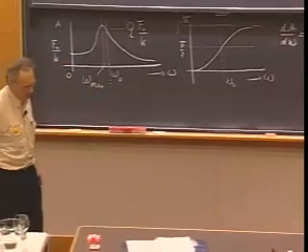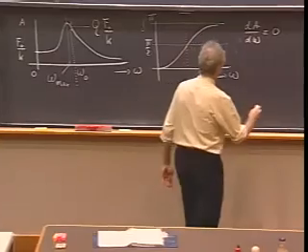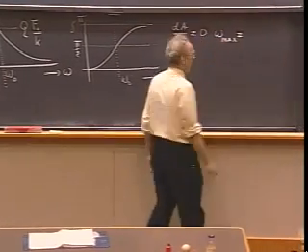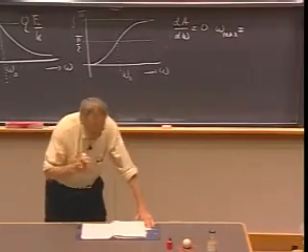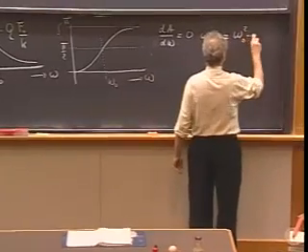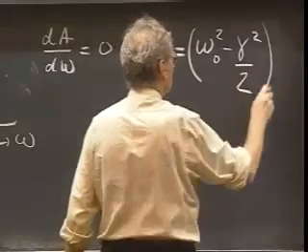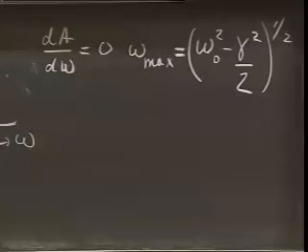It may take you a few minutes to do that, and you will find then that omega max, so where the real maximum is located, the maximum in terms of amplitude, is omega 0 squared minus gamma squared over 2, not 4 but 2, to the power 1/2. Not so intuitive that it is there.